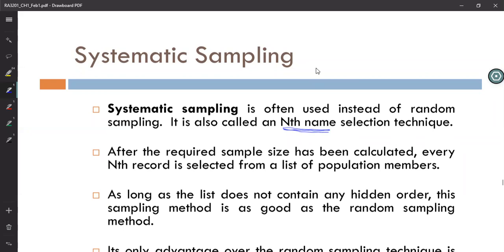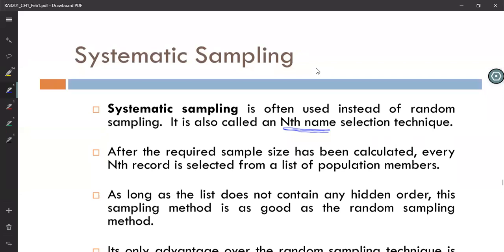Even the voting list in each Grama Sevaka division has all the registered voters with a registered number, listed in a ledger from 1 to whatever the number of registered voters. If you have lists like that and want to select a sample from that list, systematic sampling is the best way.